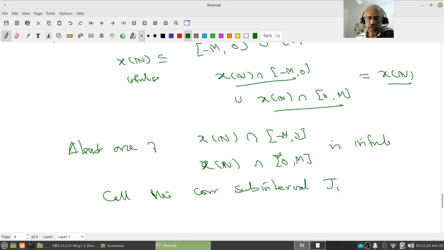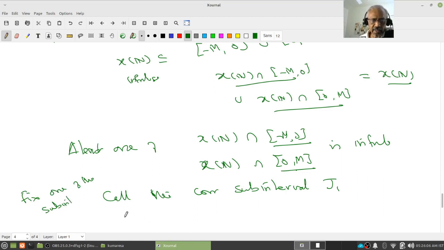So if this is infinite, my J1 will be this. If this is infinite, then I will call this my J1. If both are infinite, make some choice. It doesn't matter. Call one of them. Okay, fix one of them. Fix one of the subintervals.